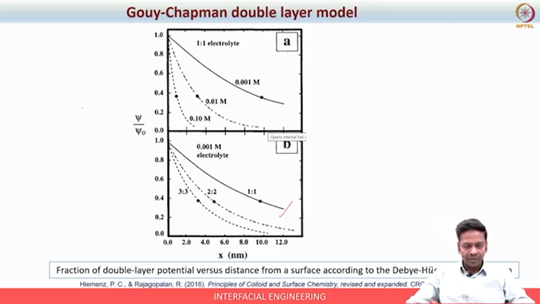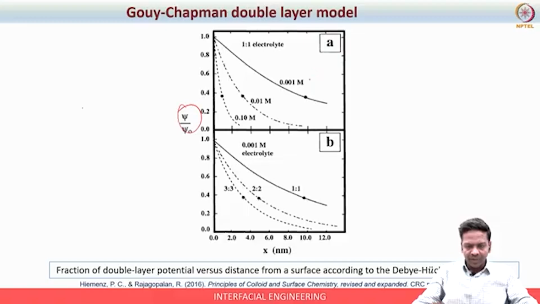Here you can look at figure A and figure B. In figure A, a symmetrical electrolyte is defined, let's say 1:1.